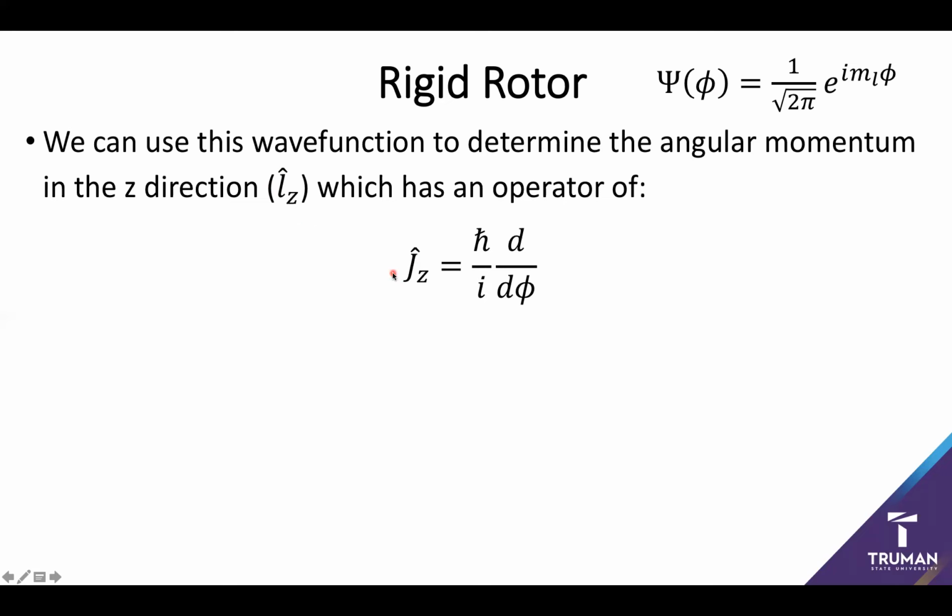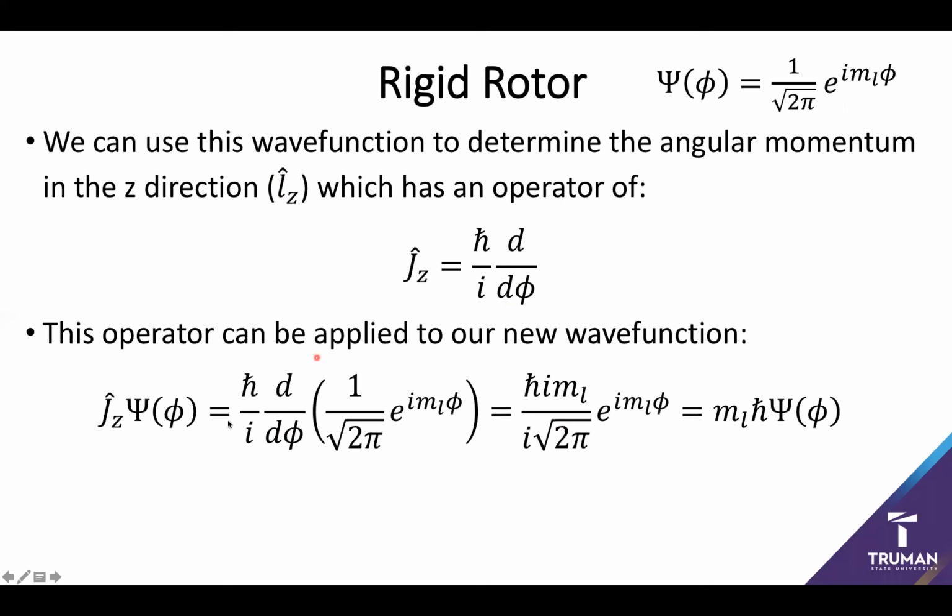Now, we can use this new angular momentum operator, again, in the z direction. We're only looking at the z direction to apply to our new wave function. So we can then essentially take the first derivative with respect to phi. So at this point, 1 over 2 pi comes out front. And we're actually lucky. This is a pretty easy integral. I'm going to pop out an i and an m sub l and then leave the phi alone.